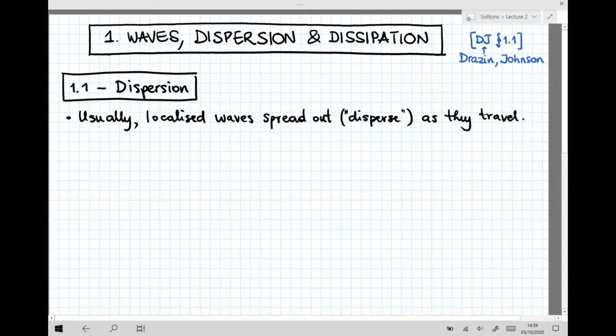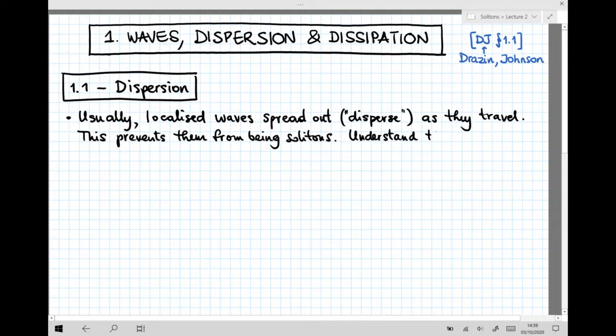And as we've seen in the introductory lecture, dispersion prevents localized waves from being solitons. So if we want to understand what makes solitons special, we'll need to understand the phenomenon of dispersion first.